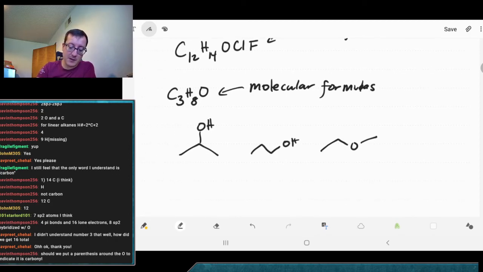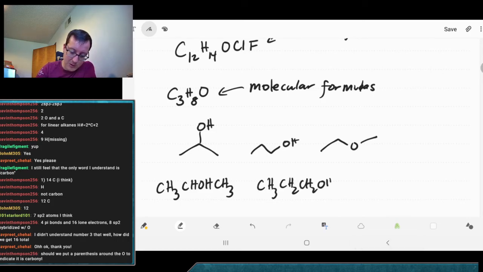If we want, yes, we can say we have CH3, CHOH, CH3. We can do a condensed structure like that to tell us about the molecule, or we can say CH3, CH2, CH2OH, or CH3, CH2O, CH3. These give us some information about the structure, but these condensed structures are not as obvious to us as to how the atoms are arranged.